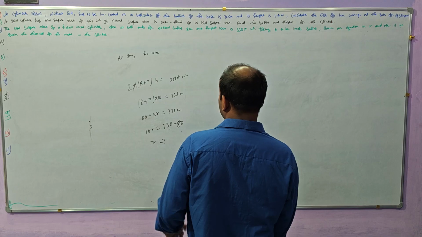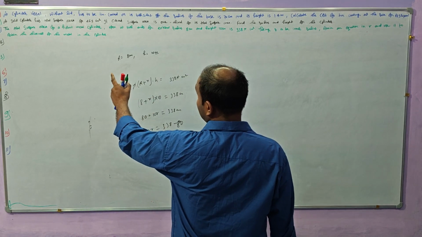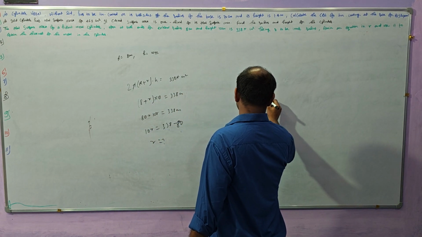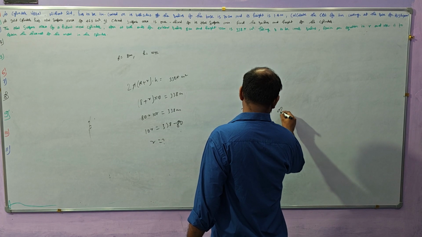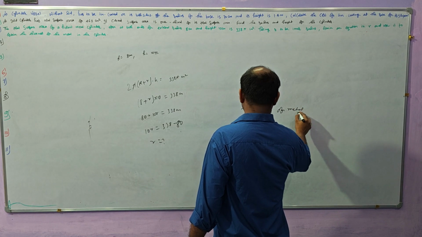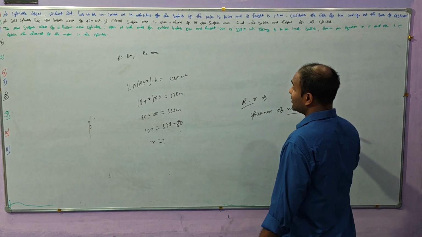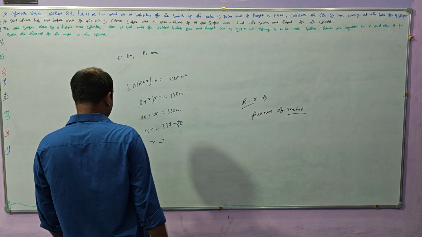Now we need to find out the thickness of metal. So R minus r, we get thickness of metal. Thickness of metal of cylinder, R minus r, and from this we got r.